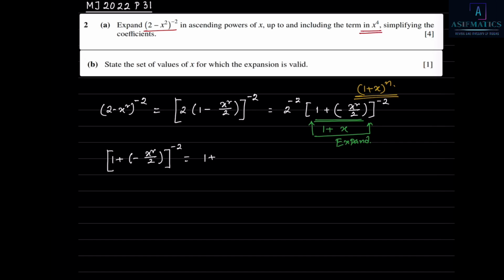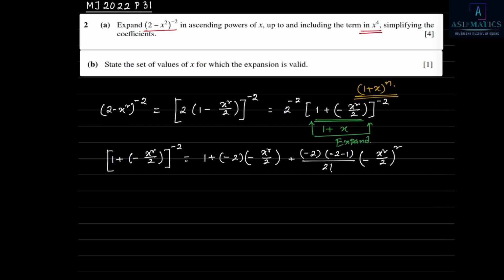So 1 plus minus 2 times minus x squared by 2, that is your x now, plus n into n minus 1 divided by factorial 2 times x squared, so that is minus x squared by 2 whole squared.